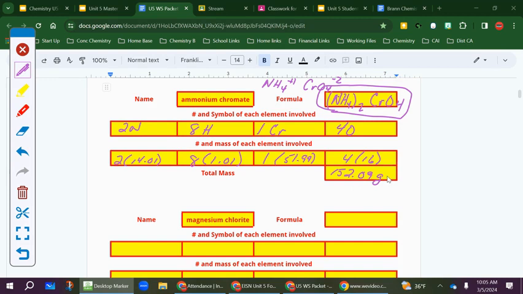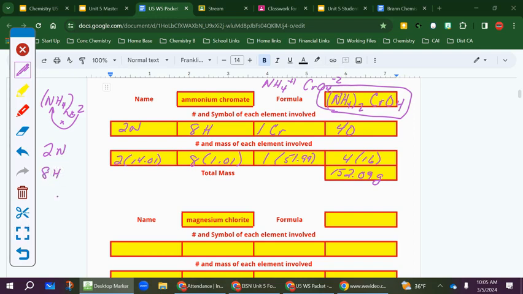So for the Cr, for instance, it's only 1 because the 4 isn't directly next to it. Correct. Okay, that makes sense. Now remember, NH4 in parentheses 2, this 2 multiplies the nitrogen and the hydrogen. So that's why we get 2 nitrogens and 8 hydrogens.